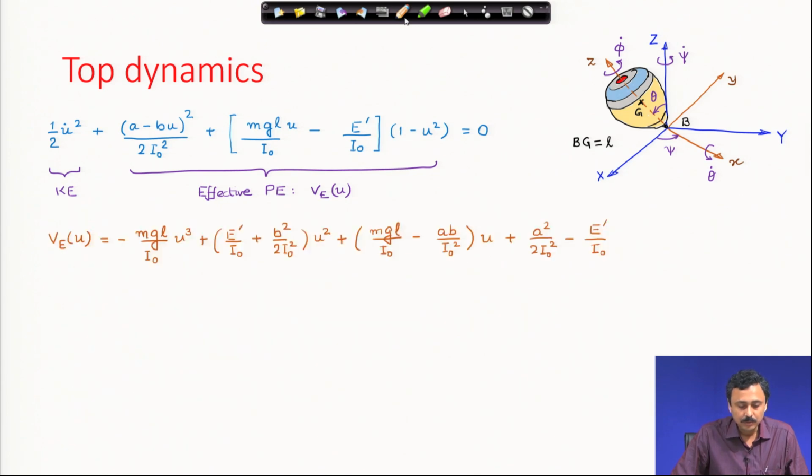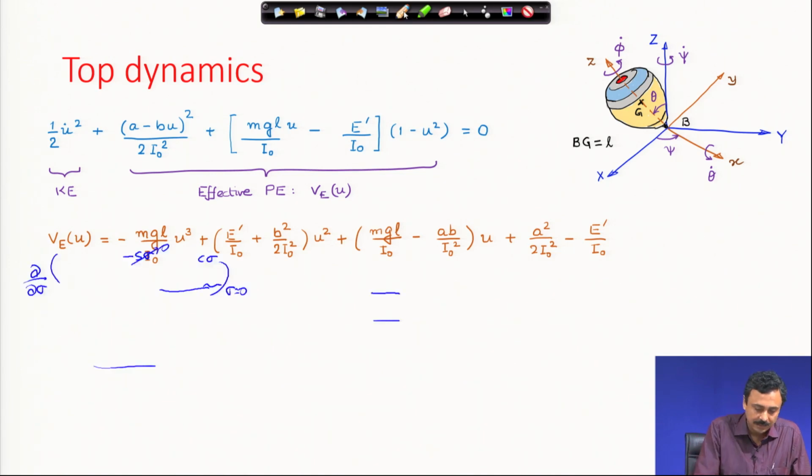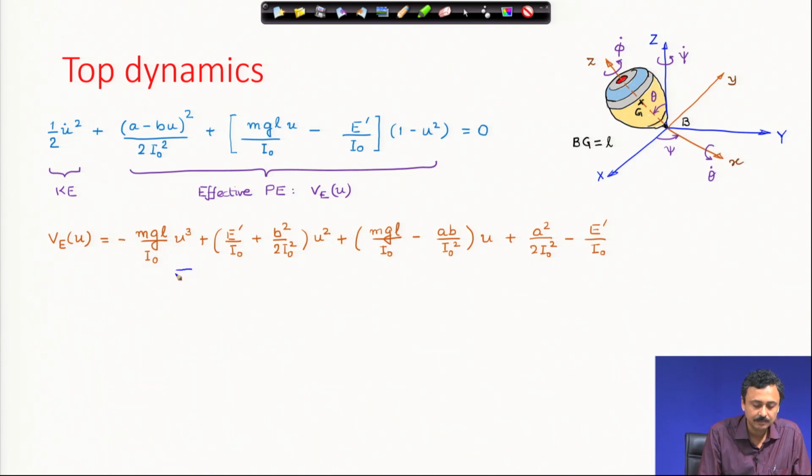If you write out the potential energy as a polynomial, if you expand and simplify the effective potential energy term, you will obtain this cubic equation. The first thing to notice is that the highest degree term, u cubed, comes with a negative sign. What is the implication of this?